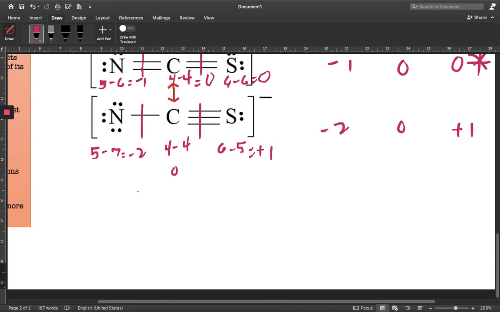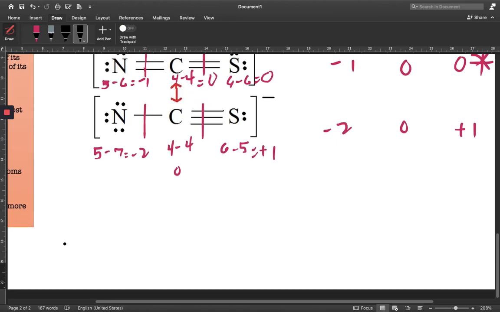So another example, let's have the molecular form of NCO. Maybe we'll try to use another page.